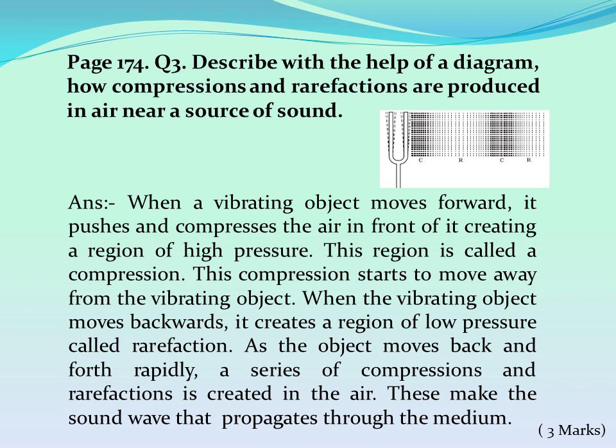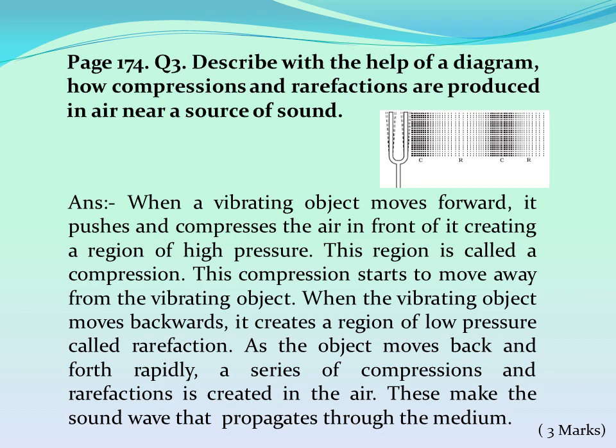Page number 174, question number 3. Describe with the help of a diagram how compressions and rarefactions are produced in air near a source of sound. Answer: when a vibrating object moves forward, it pushes and compresses the air in front of it, creating a region of high pressure.